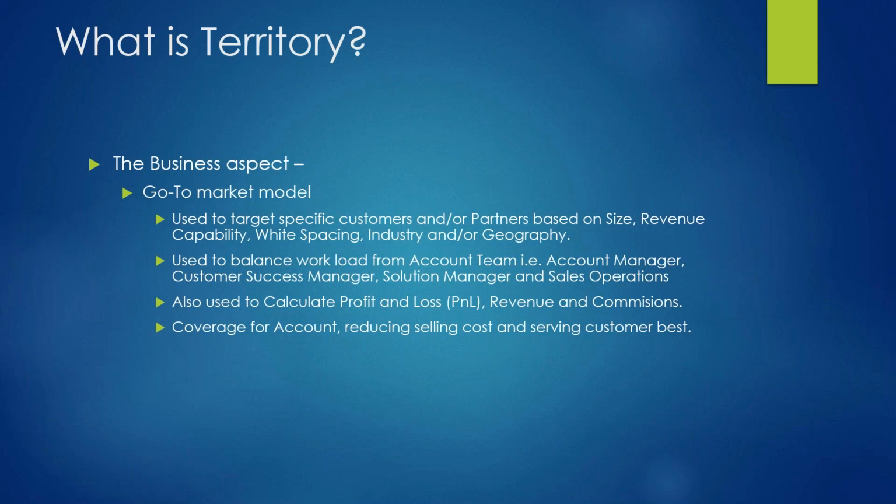Then they used to move that customer up and down in the territory. I'm going to show you what kind of territories we can have in the coming slides. And what they used to do is move a customer as a named account. A named account is like my focused account. This is the major account.